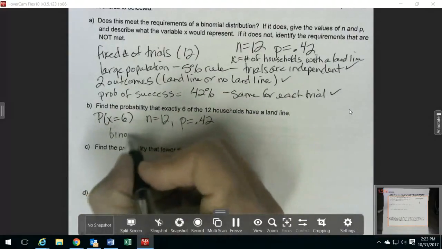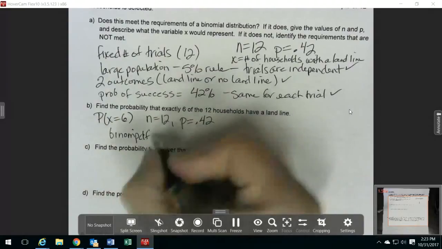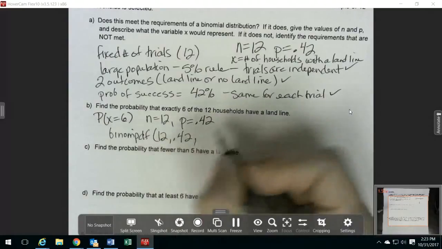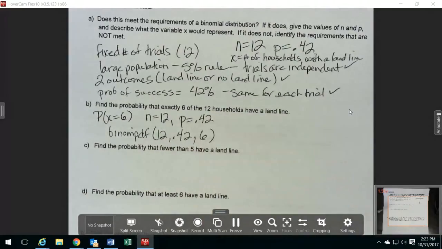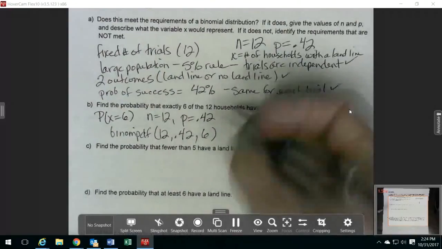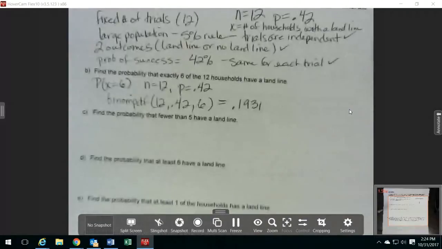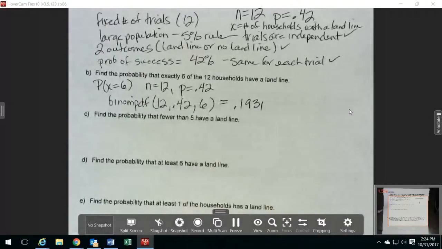On your calculator, you do binom PDF, put in your N, your P, and your X. This comes out to be 0.1931. So it's not at all the same as 50%.